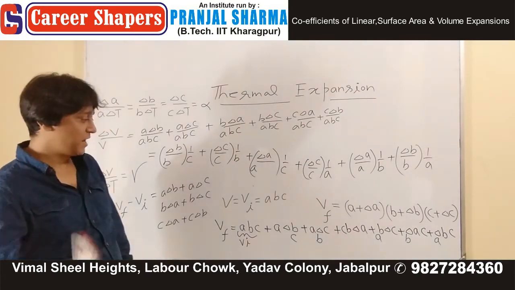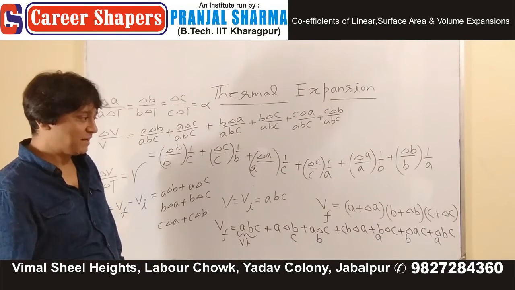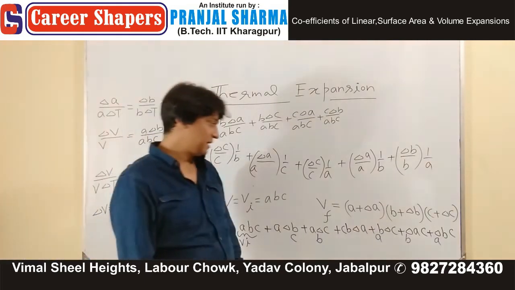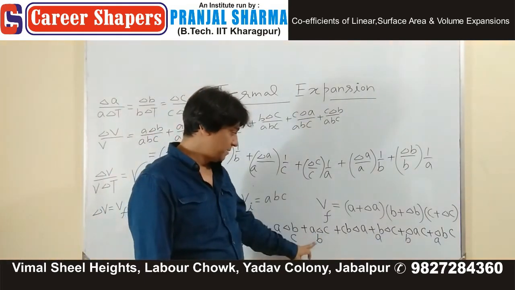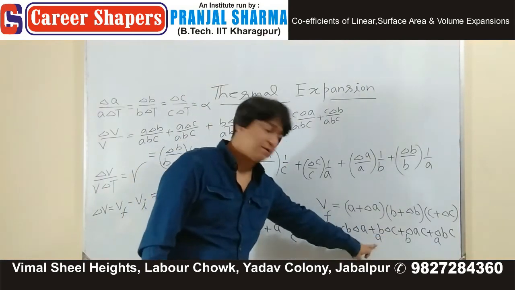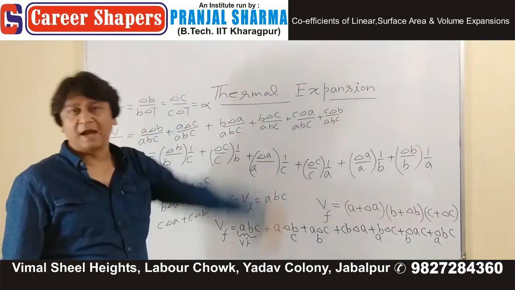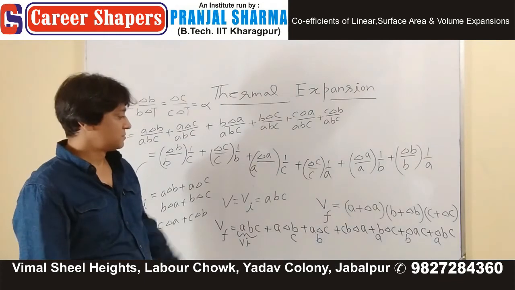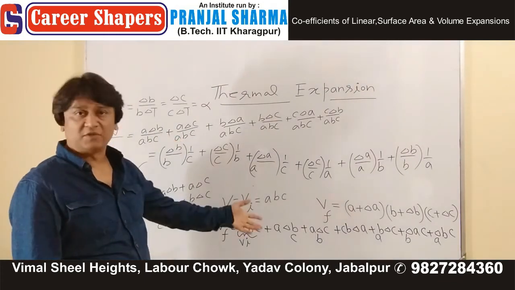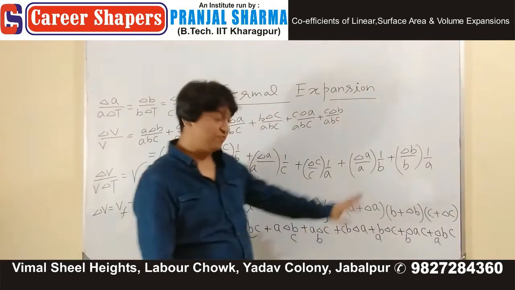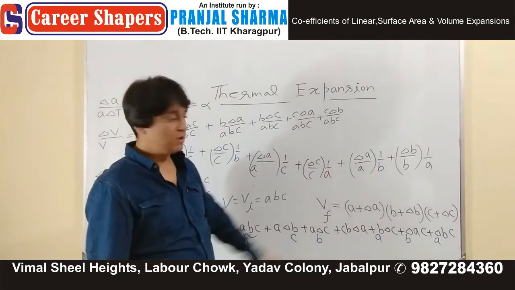So I hope the things which are repeating themselves are what? Look at the term of delta C. AB, delta C, AB. So we have repeated these things twice, every delta term we have repeated.